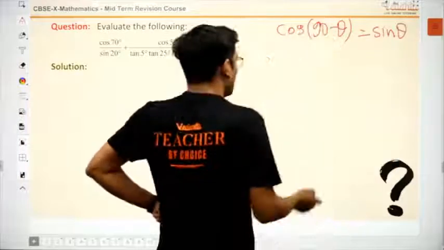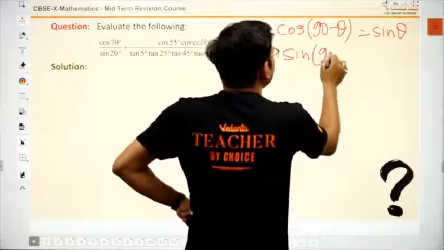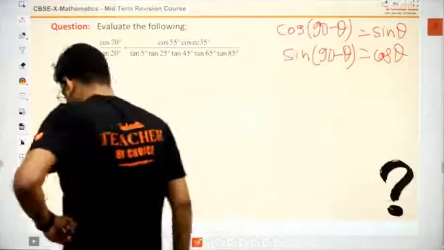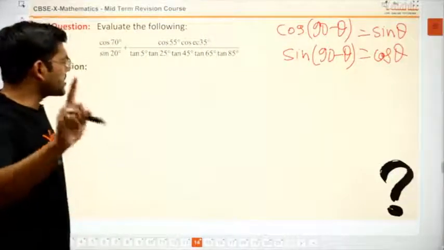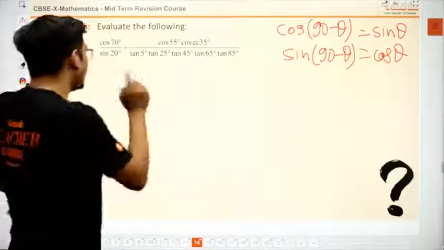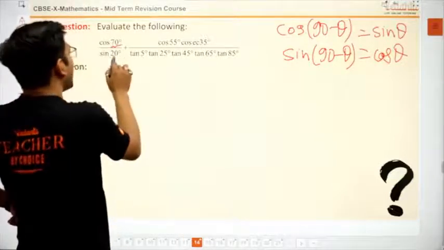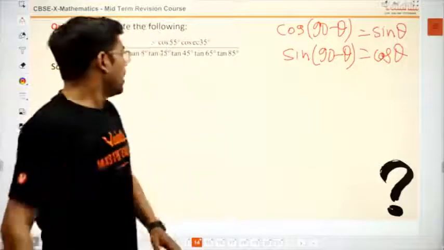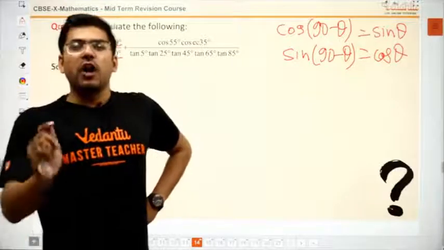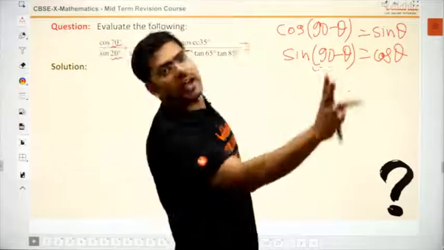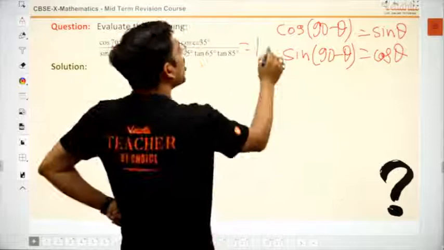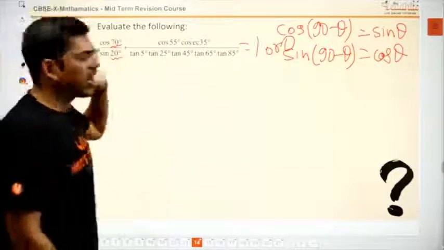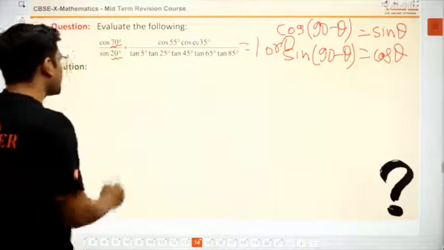Haven't I said so? And sin 90 minus theta is cos theta, I told you, right? Now always remember one thing: in any question in which the angles are not standard, these questions always have only two values as the answer, either 1 or 0. Only 1 or 0 will come always, guaranteed. Here the answer will be 1, I told you just by looking. Now see how we will get this.